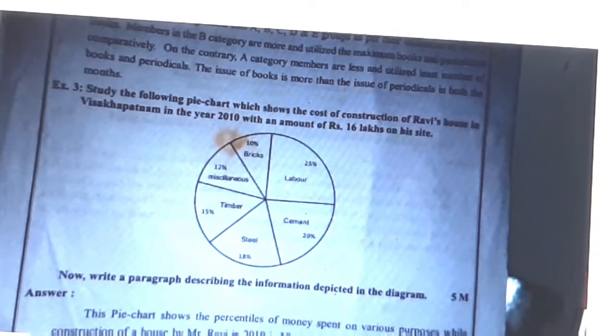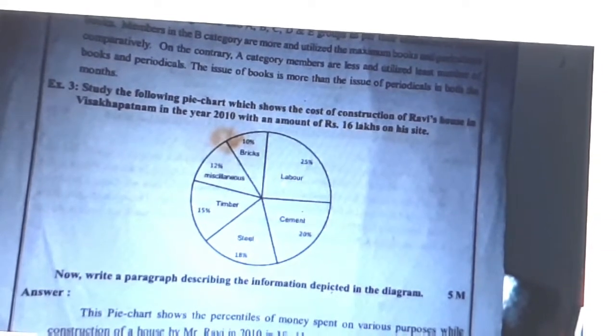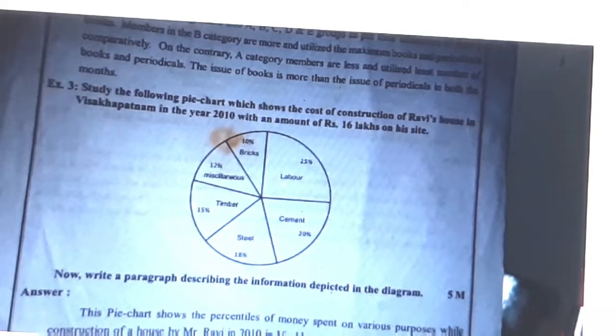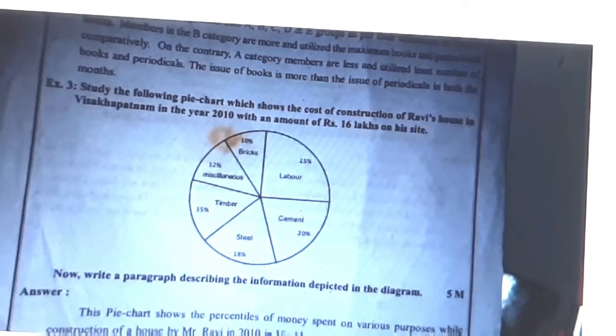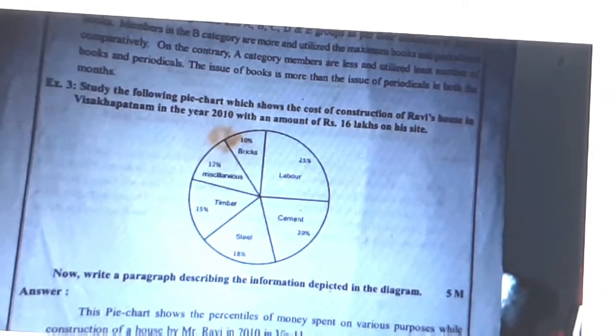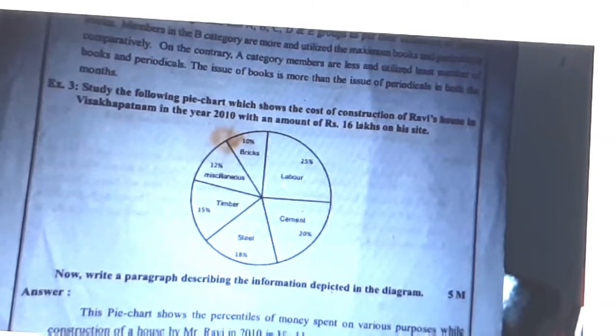Miscellaneous, capital M. Steel, capital S. Timber, capital T. Labor, capital L. Cement, capital C. After the sentence we put a full stop compulsorily. Capital letters and full stops are important. Write carefully. If you write like this, there will be no grammar mistakes or spelling mistakes.